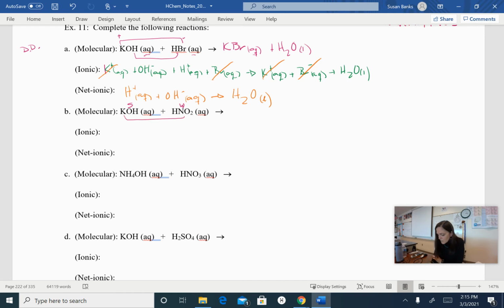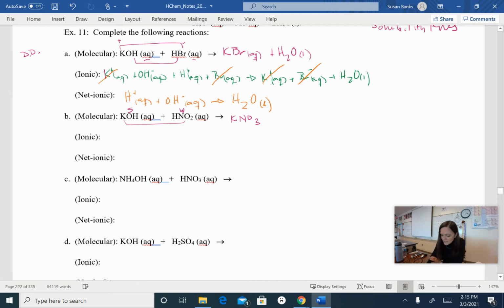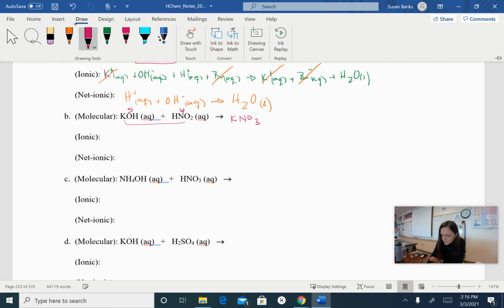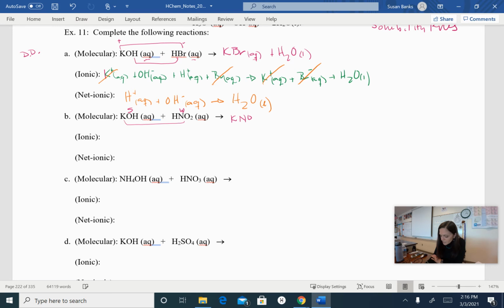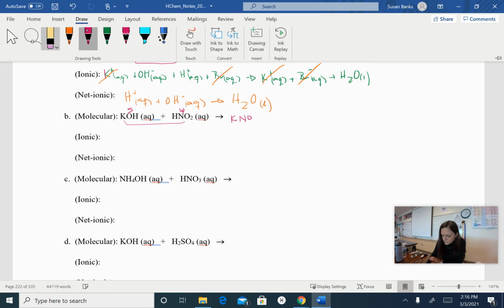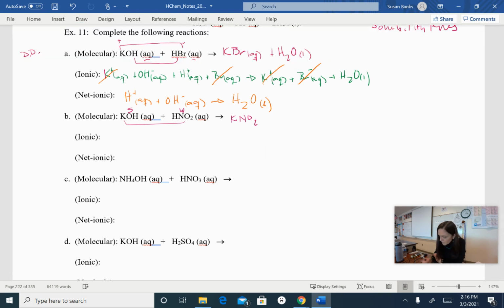Okay, so +1 for the potassium, -1 for the nitrite. So potassium nitrite. Is that soluble? It is, because potassium, not nitrate, nitrite, sorry. I'm so used to drawing a 3 instead of a 2 there. This is 2. Okay, that is soluble because it is a group 1 ion.